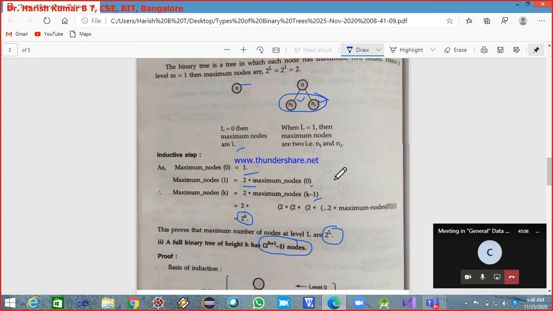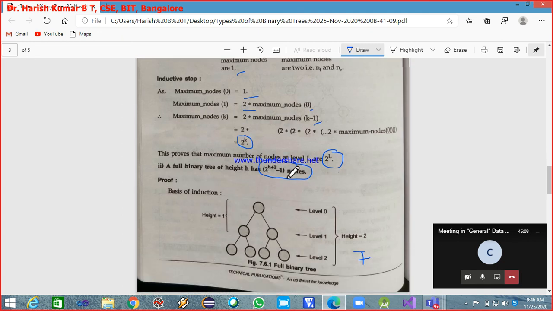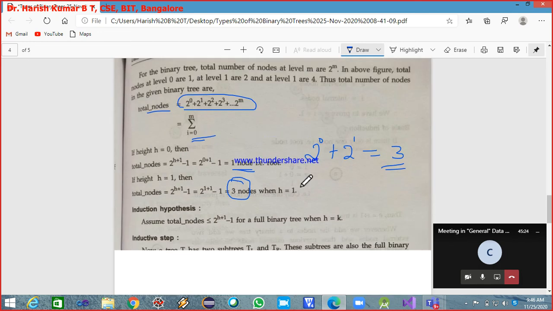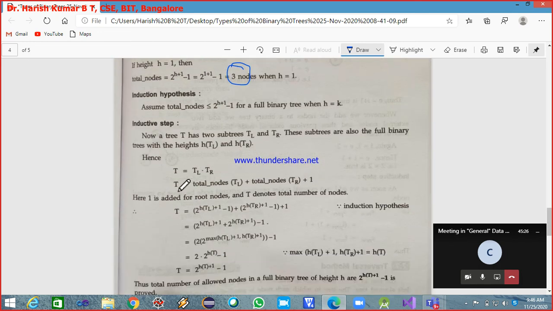And the second property is with respect to the full binary tree or the complete binary tree, which we have already discussed, and the relevant proof for it. And this is the relevant proof for a specific level. Next, and this is the proof by inductive step also. Okay.